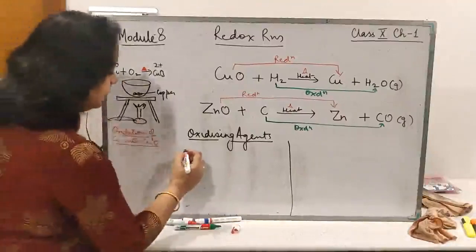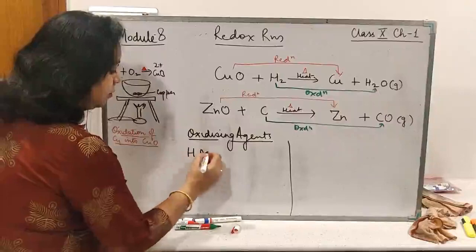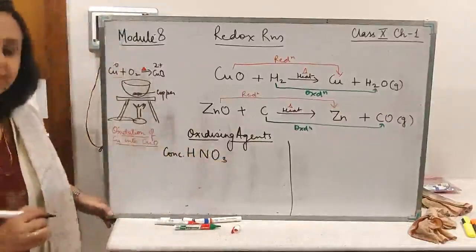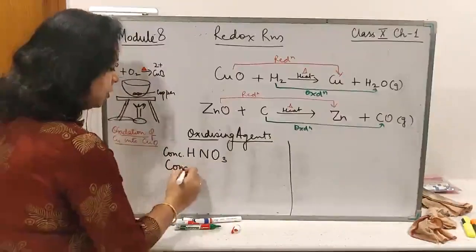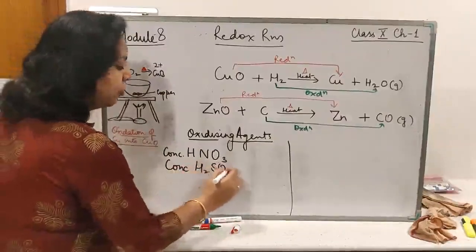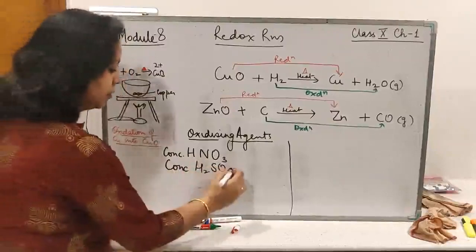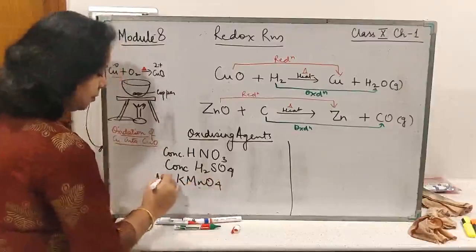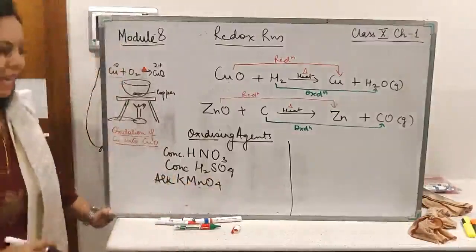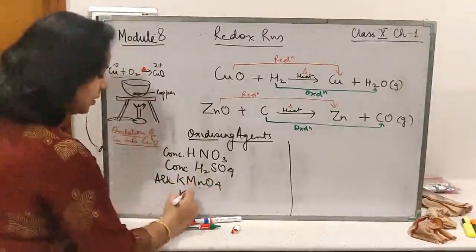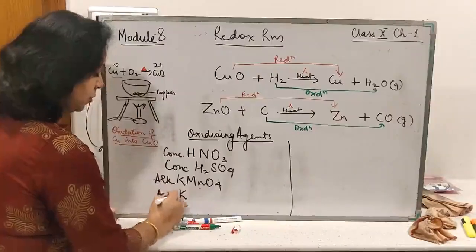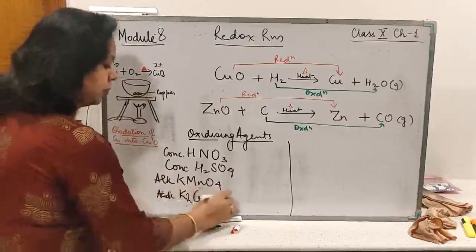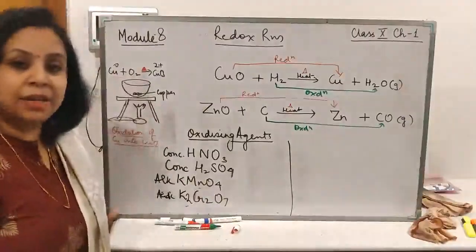For example, concentrated HNO3, nitric acid, concentrated H2SO4, potassium permanganate, alkaline potassium permanganate, potassium dichromate.